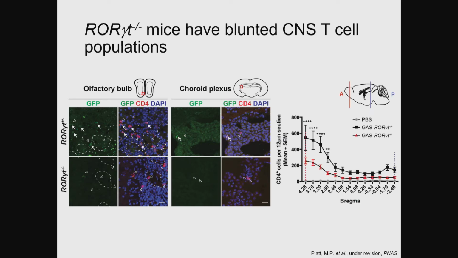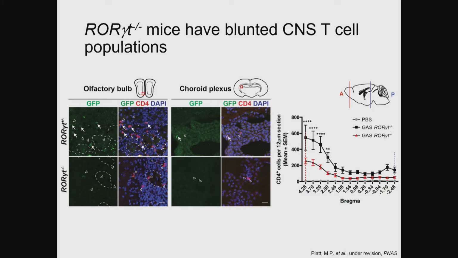And if we count the total number of T cells, this is a similar graph to what I showed before, but in the anterior regions of the brain, in the ROR hets, which are normal immunologically, we recapitulate this robust infiltration of T cells into the anterior parts of the brain. And in the ROR knockouts, we see about a 50% reduction in the total number of T cells present in the brain after recurrent strep infections.